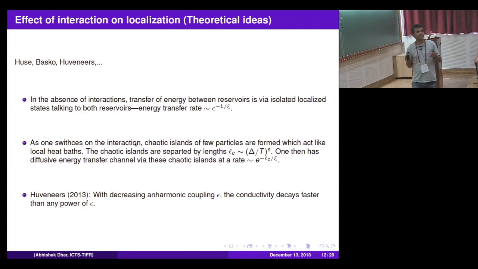When you switch on interactions, the physical idea is that you develop some chaotic islands, formed by a few particles which are in resonance, which I'll explain in more detail later. These chaotic islands act like local heat baths, separated by some typical distance, and between them localized states transfer energy.